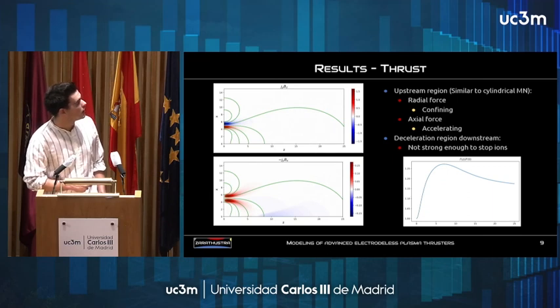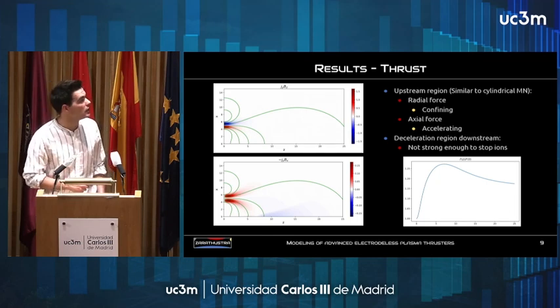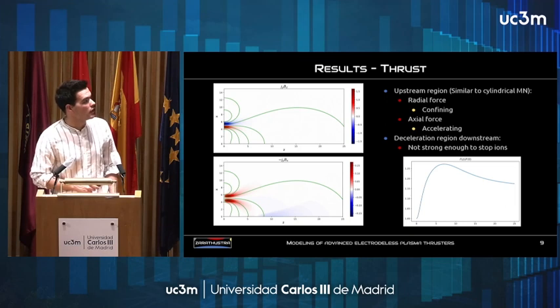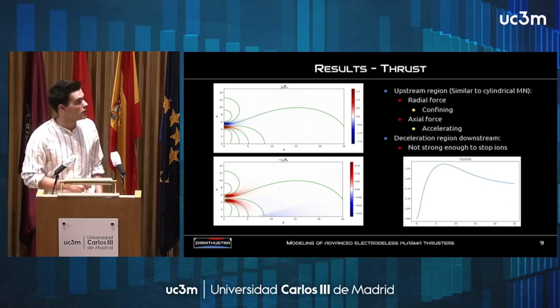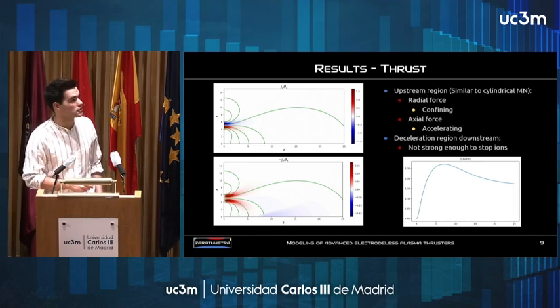However, in this part here, it's not too clear, but we have a negative force. So we have a drag on the ions in the part where the shock appears. We can see that very clearly in the integrated magnetic force, which clearly rises until around 7, 8, which is where the shock appears, and we have this drag that reduces the thrust.